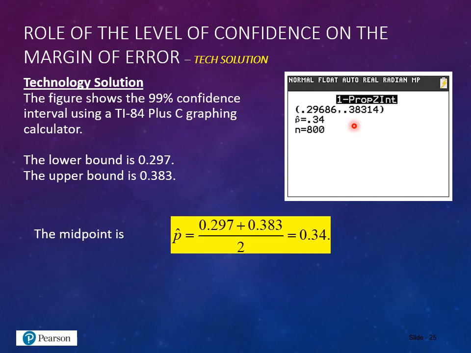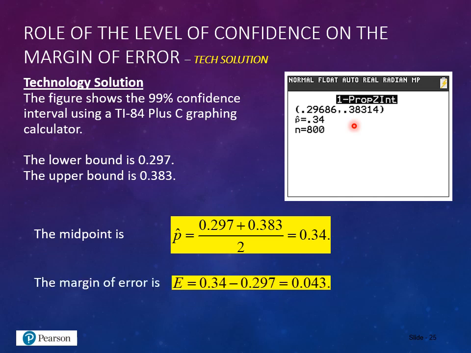The midpoint is 0.34, which is our p hat value, which you can see there. And so to calculate the margin of error, we just subtract that from the upper value, or we could do it from the lower value. It doesn't really matter, but we can see here that we got the exact same value that we got in the last solution, which we did by hand, again proving that if we raise the confidence level, we get a wider margin of error.